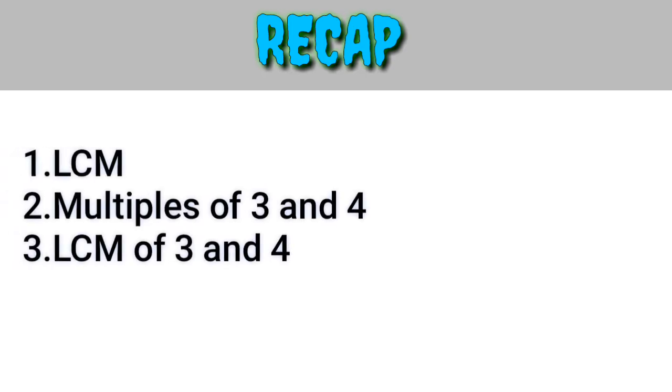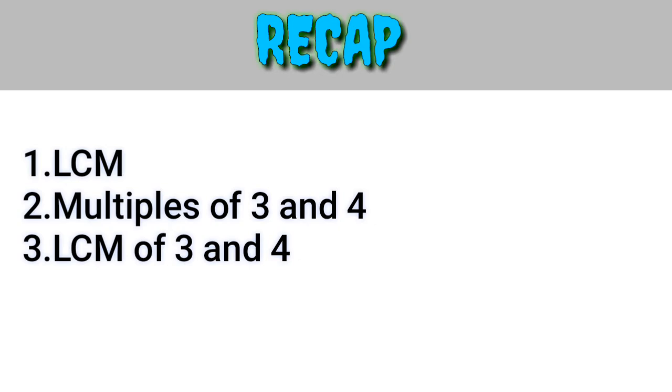Number 1, LCM. The smallest common multiple of two or more numbers is the least common multiple. Number 2. Multiples of 3 and 4. Multiples of 3 are 3, 6, 9, 12, and so on.